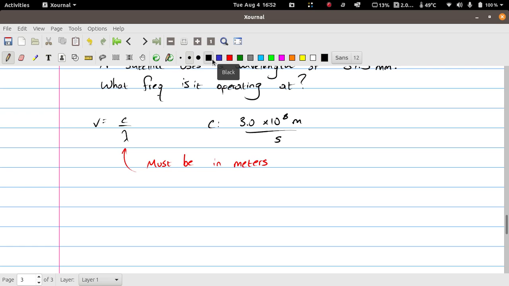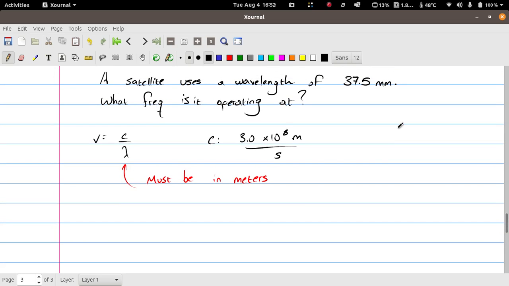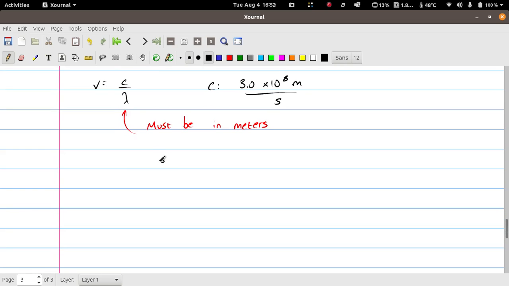All right, so let's see. 37.5 millimeters times 1 meter over 1,000 millimeters equals 0.0375 meters.